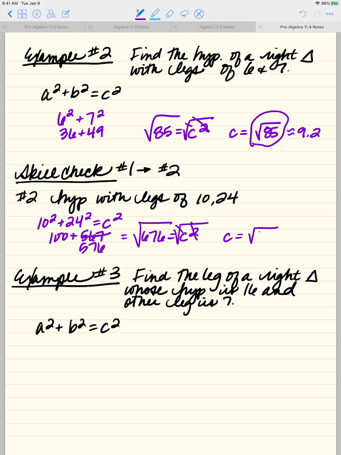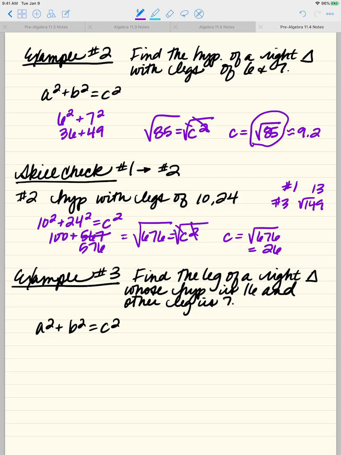C is equal to the square root of 676, and that is 26. All right. If you want to practice, the answer to number 1 is 13. The answer to number 3 is the square root of 149.